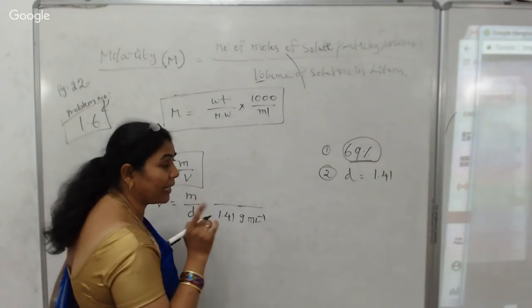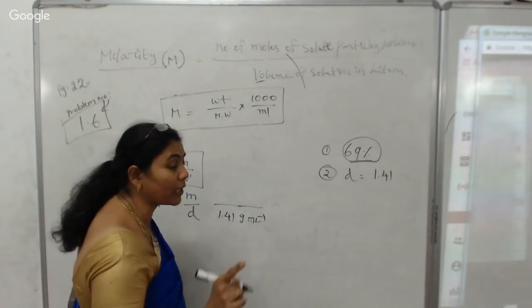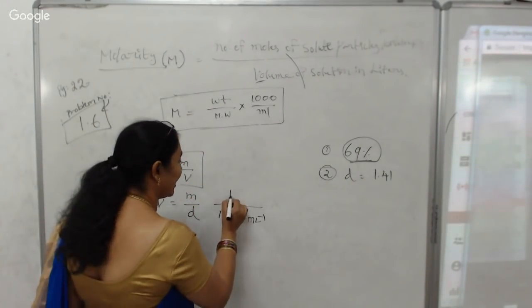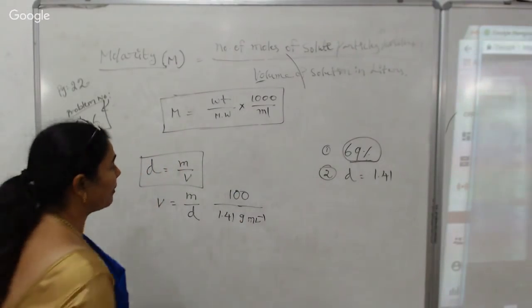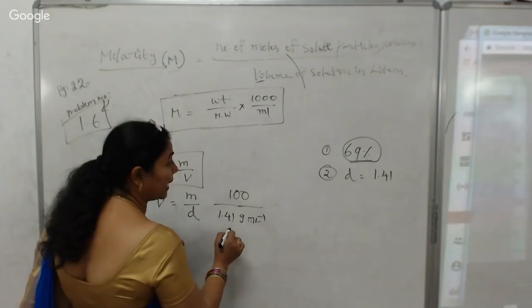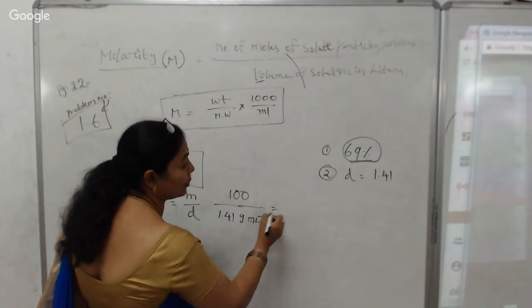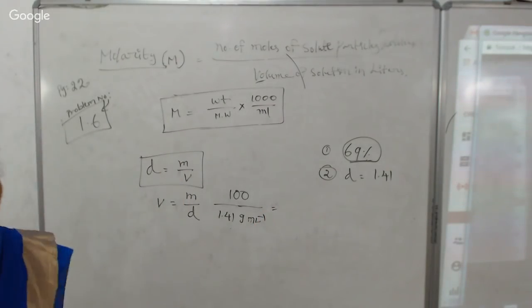So wherever you are getting mass, it is the total mass you have to take, that is nothing but 100. Okay, children. So calculate 100 divided by 1.41, just calculate fast.